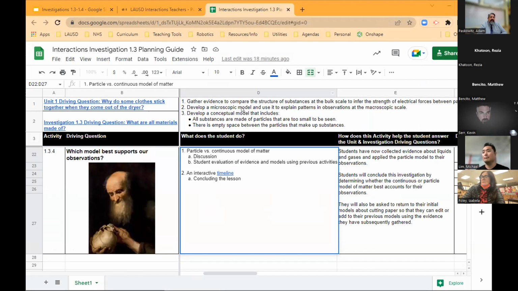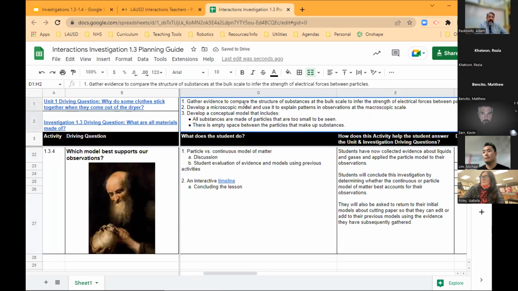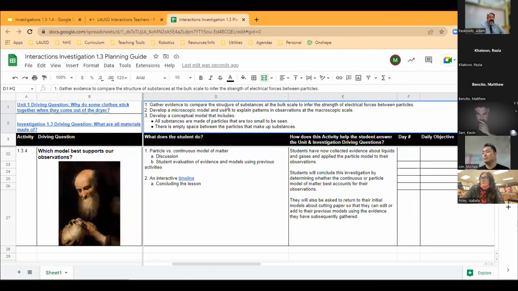The overview of 1.3 is going to go pretty quickly because we don't have a lot of simulations in this. You're going to have a lot of discussions with students.